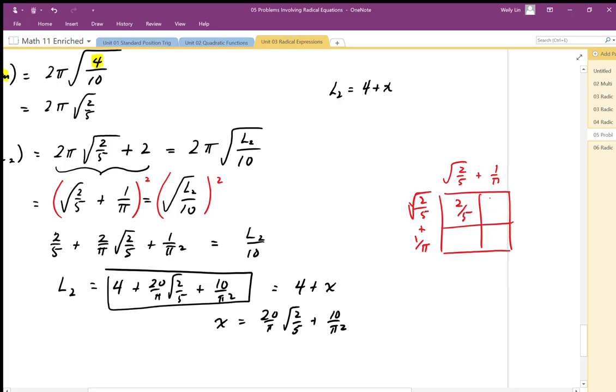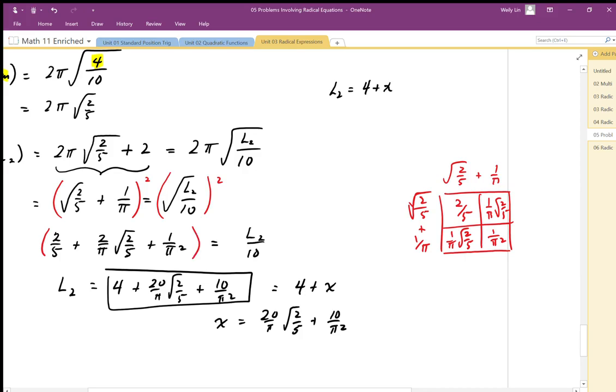This is going to be root 2 over 5 times 1 over pi. It's going to be 1 over pi times root 2 over 5. And this is going to be 1 over pi times 1 over pi, which is 1 over pi squared. So this is how I ended up expanding out these brackets here.